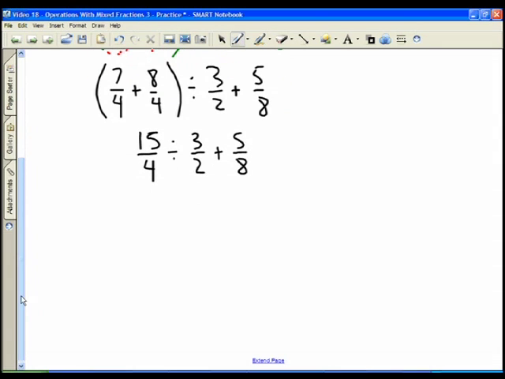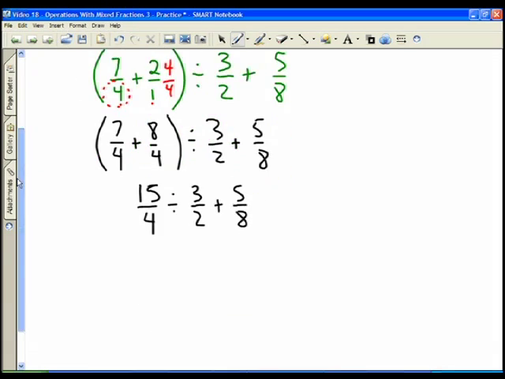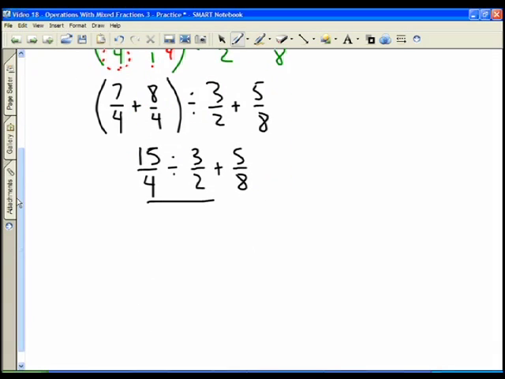And now we can just go ahead after our brackets are removed here and perform our order of operations. So we're going to do this division first. So that will translate into 15/4 times 2/3. We change the sign to multiplication and we invert the fraction, plus 5/8.